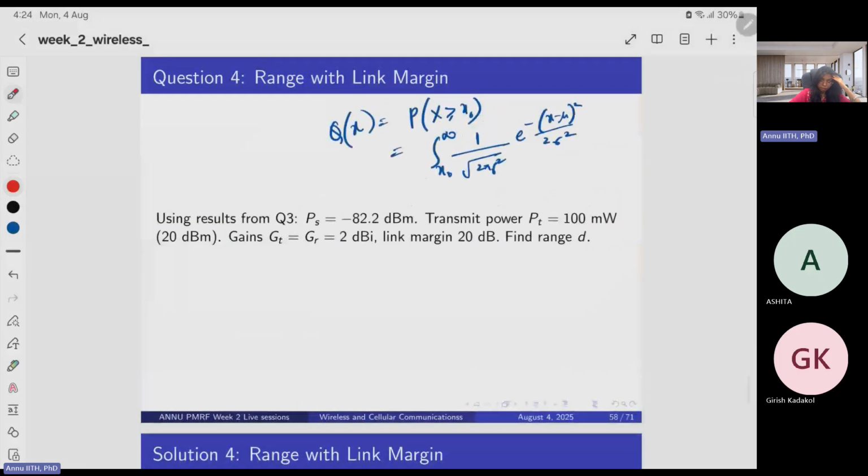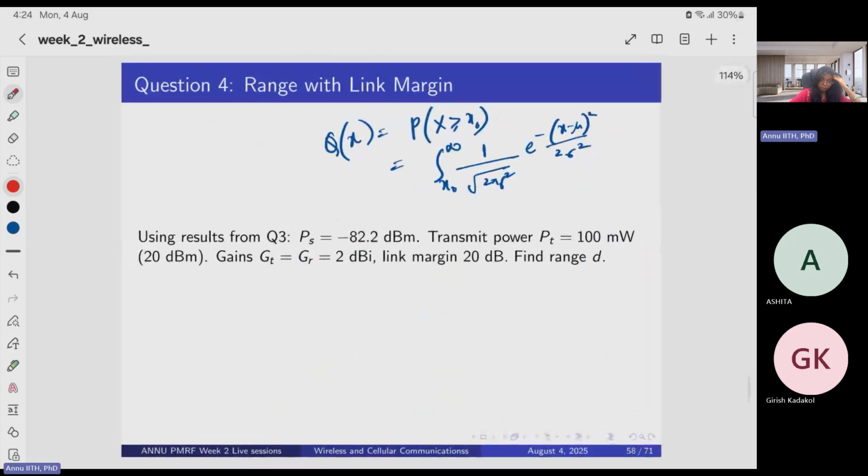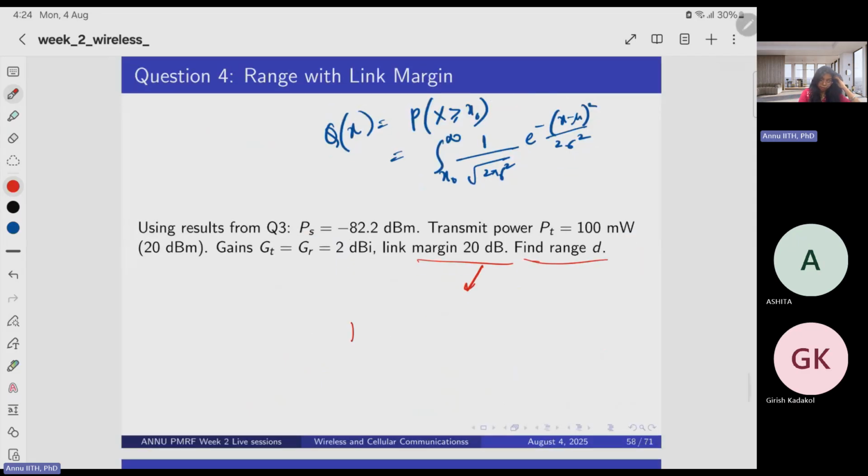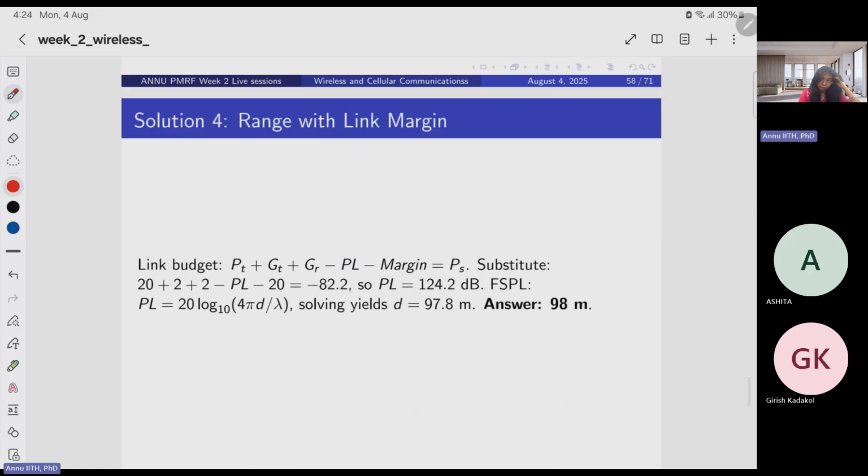I hope you understand. Using the results from question 3, P is equal to this one. Transmit power is this one. GT, GR is this one. Link margin is this one. Find the range D. How can you calculate? Link budget formula. Let's see.